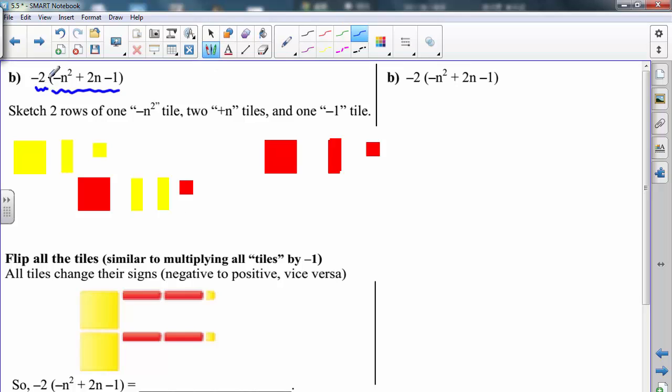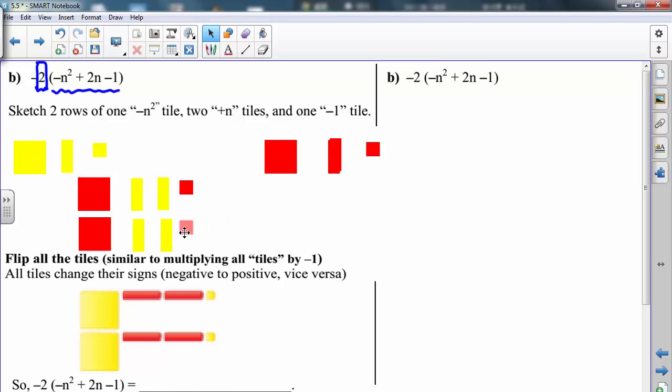So for this negative 2, I do 2 first, and then we will do the negative sign later on. This 2 means I need to get 2 sets, or we can say 2 rows, of those algebra tiles. I will still have another 1 big red square, 2 yellow rods, 1 little red square. With the negative sign in front, I need to flip all the tiles to the other color.